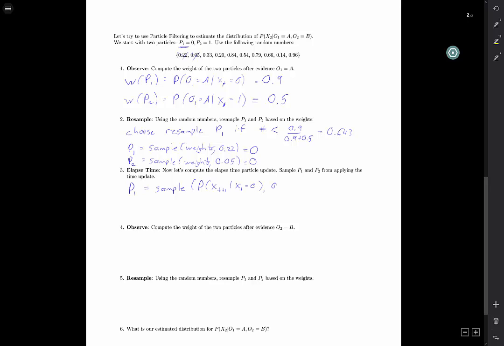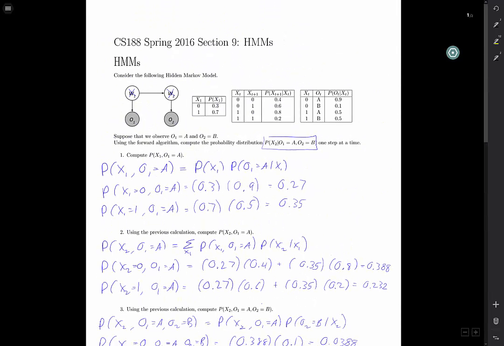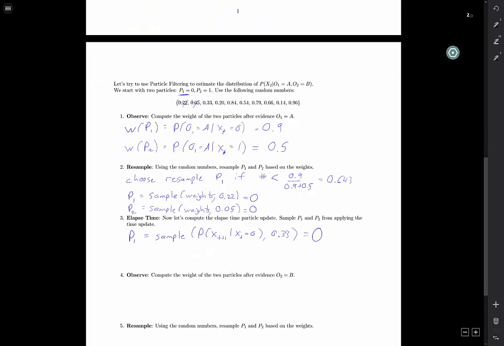And our random number is 0.33. So now we look at the table. Given xt equals 0, 0.33 is less than 0.4, so we're going to stay in 0.